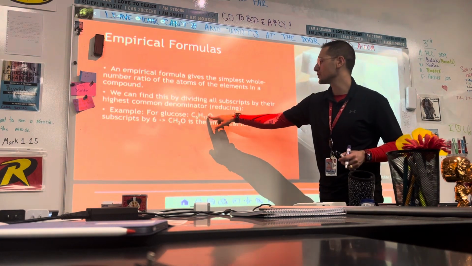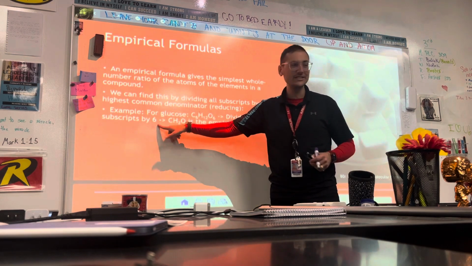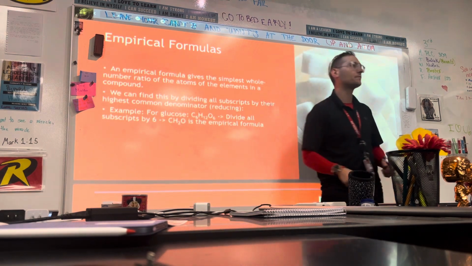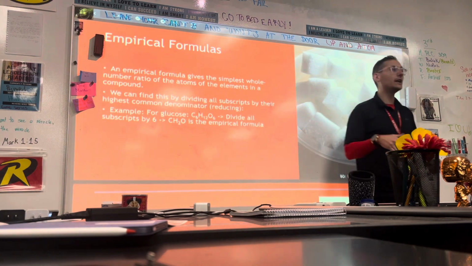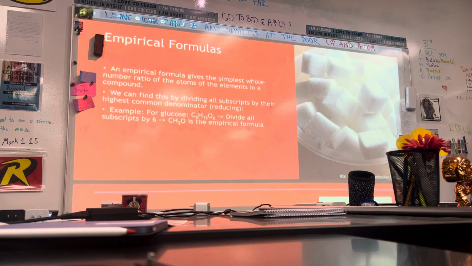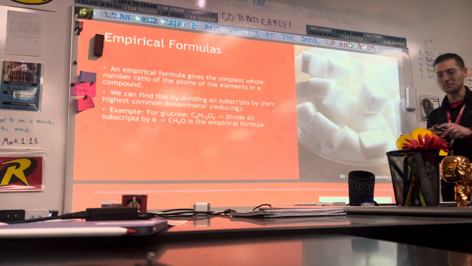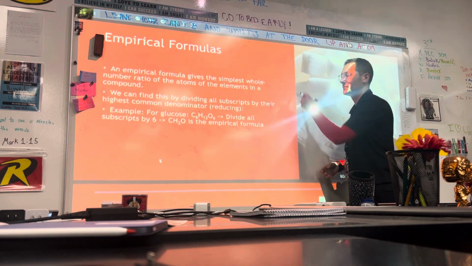So C6H12O6, if you divide them all by 6, you get C1H2O1. And we know to divide it by 6, even if we were not actually given anything else. Like if it just told us how much of each one was present, we could figure out that the power is 6.